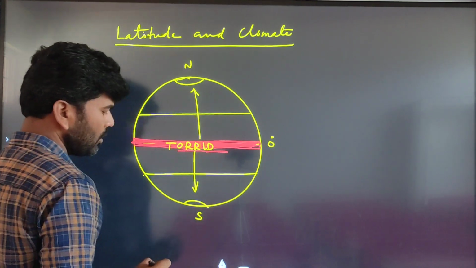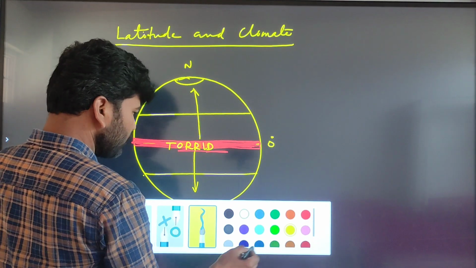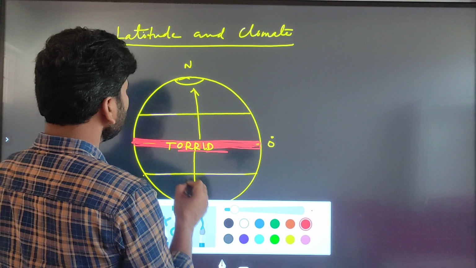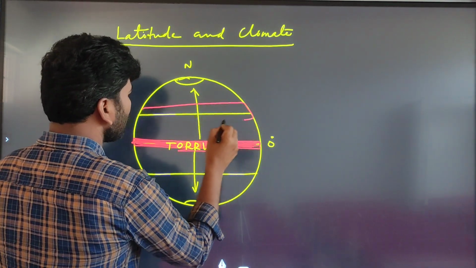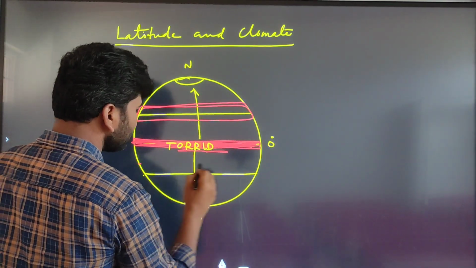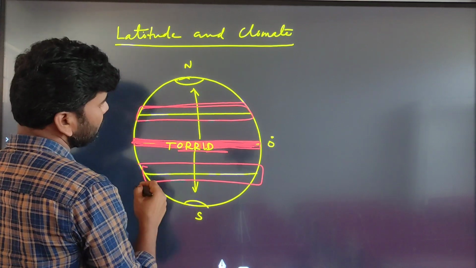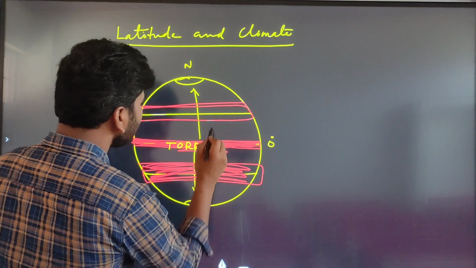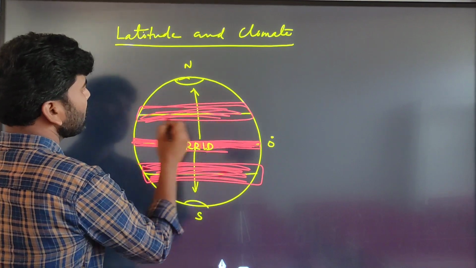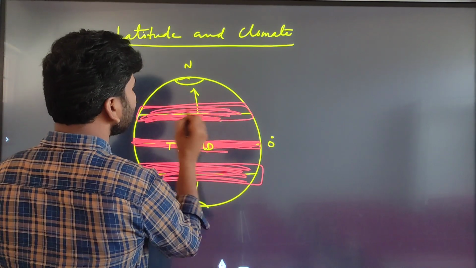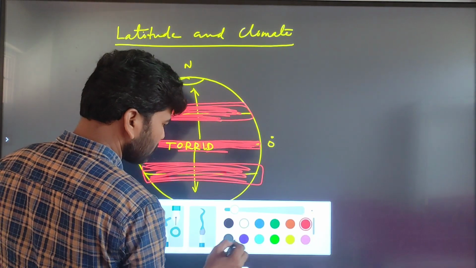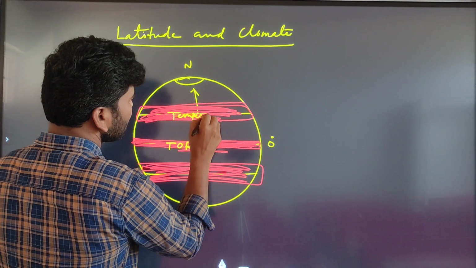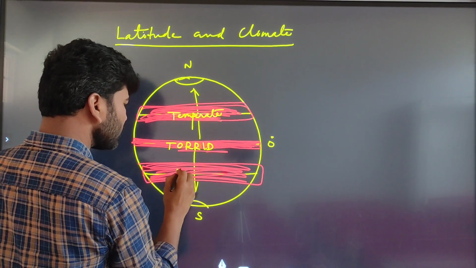Close to the tropics, the Tropic of Capricorn and the Tropic of Cancer, this zone is known as the temperate zone.